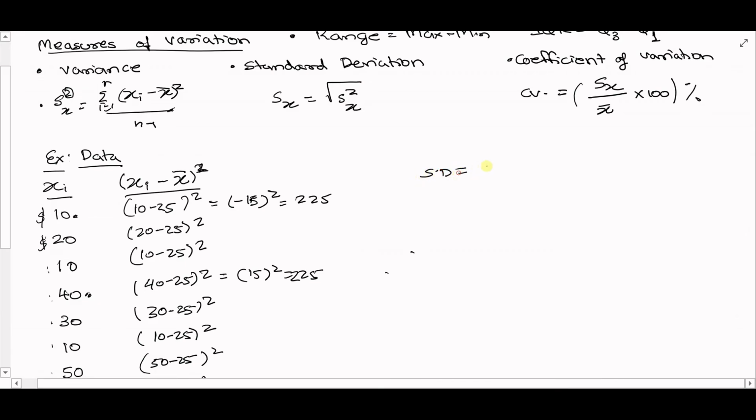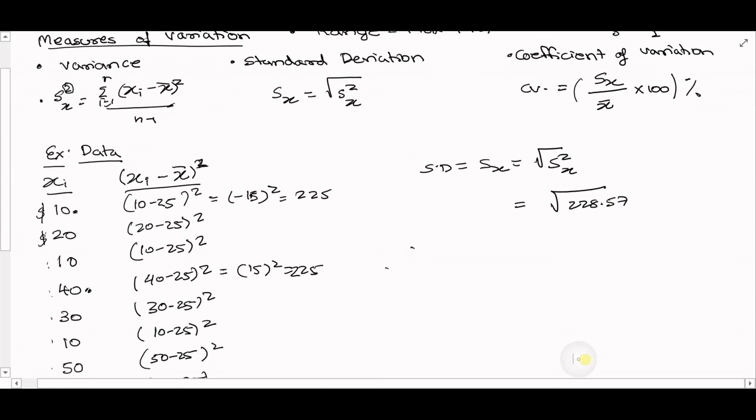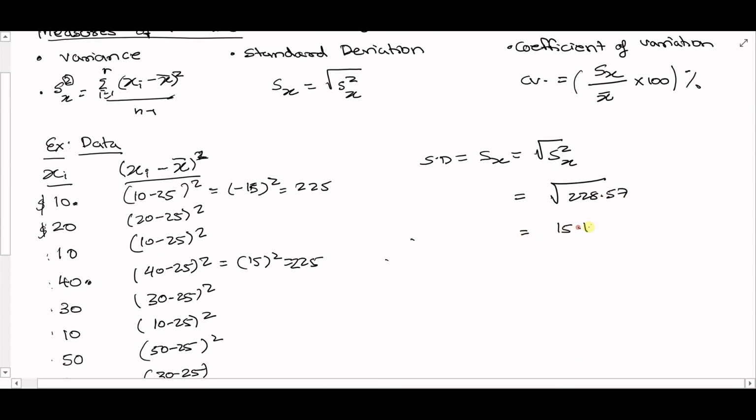The standard deviation is the square root of the variance, that is the square root of 228.57, and that gives you 15.1. Now this has the original units back, because you are taking the square root of a square, and hence this interpretation is in the original unit of the data set. So if the original data set had a unit of dollars, then standard deviation is in dollars. Variance will be in dollars squared.